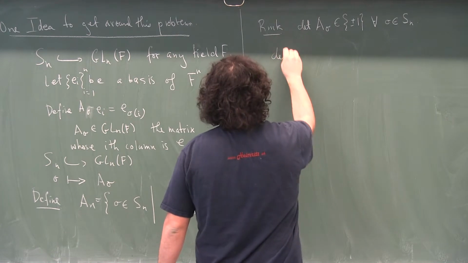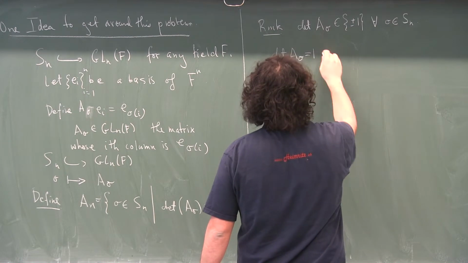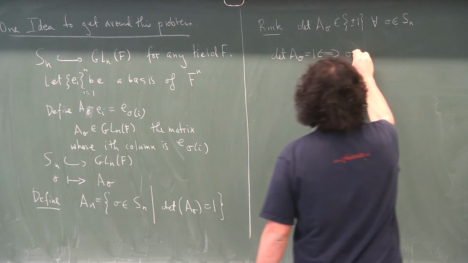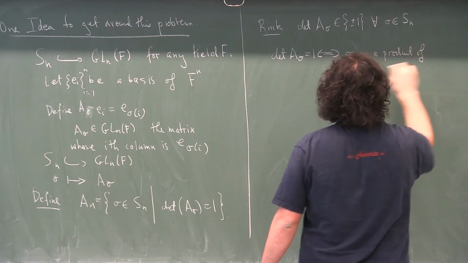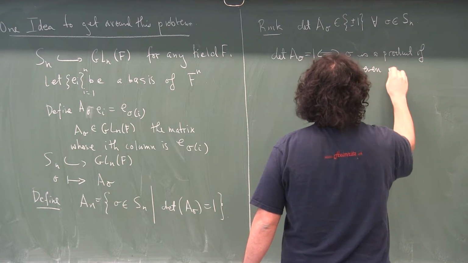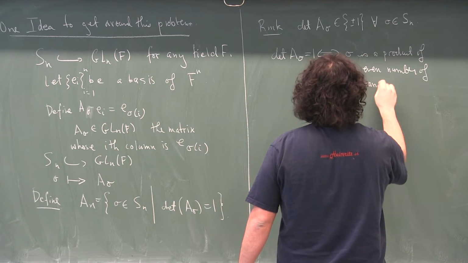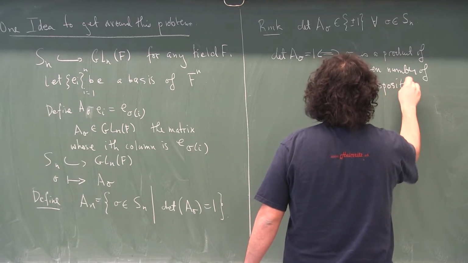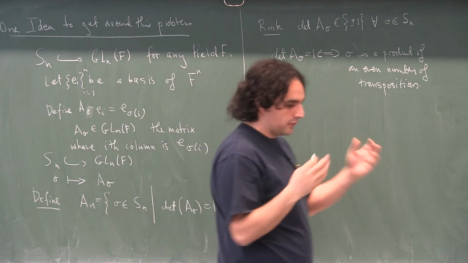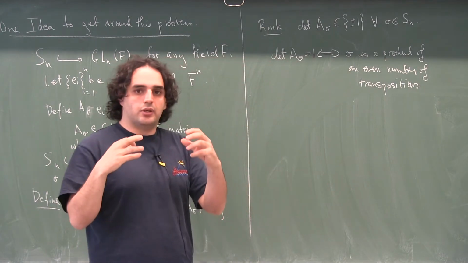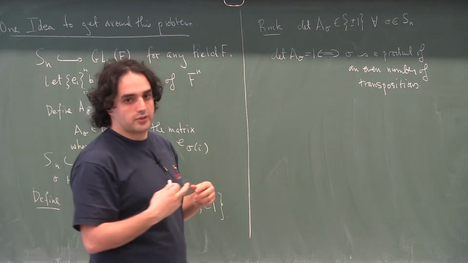So the determinant of A_sigma is equal to 1 if and only if sigma is a product of an even number of transpositions. Because if I write sigma as a product of transpositions in any way, that's telling me exactly which columns to swap to go from the identity matrix to my matrix A_sigma.